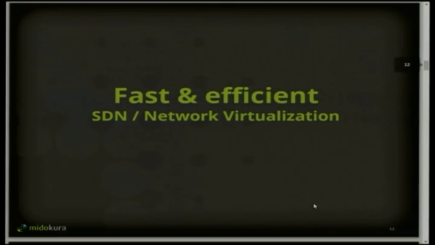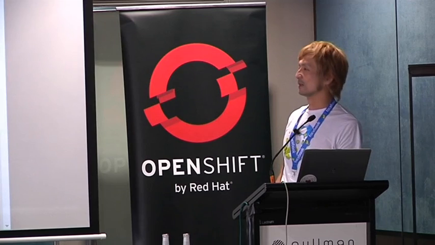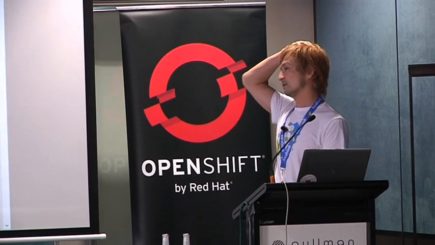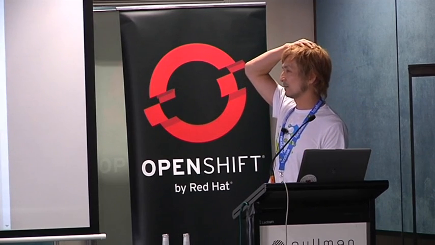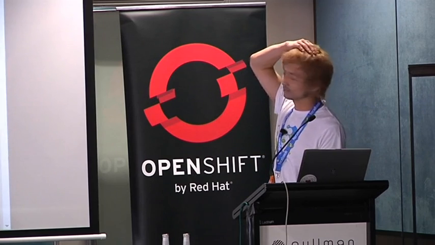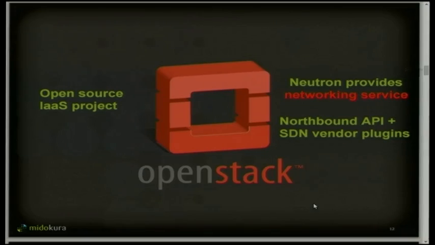And of course, it's good that SDN does smart stuff, but if it adds too much overhead and it's slow, nobody's going to use it. I guess that's why most data centers and carriers are not so eager to move on to SDN. So I guess that's enough for the introduction.